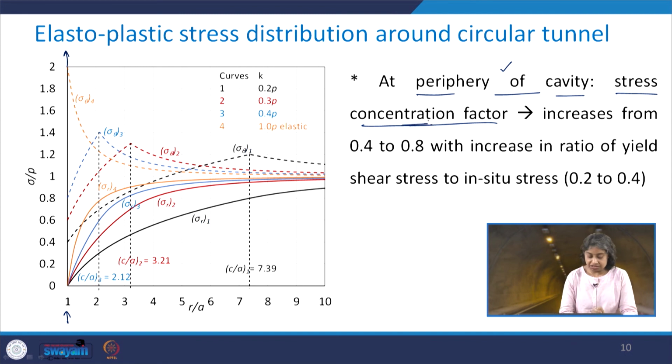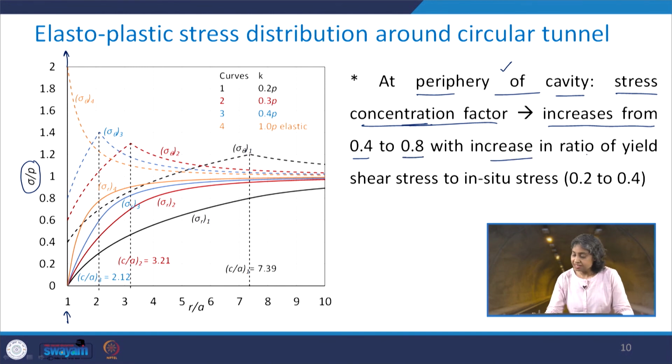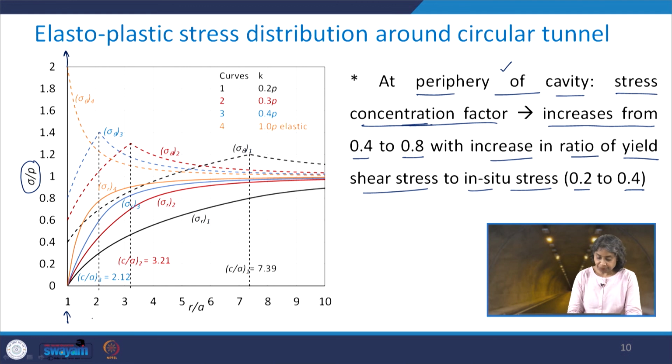This stress concentration factor, which has been plotted as sigma by P on the y axis, increases from 0.4 to 0.8 with increase in the ratio of yield shear stress to in situ stress from 0.2 to 0.4. Take a look here.